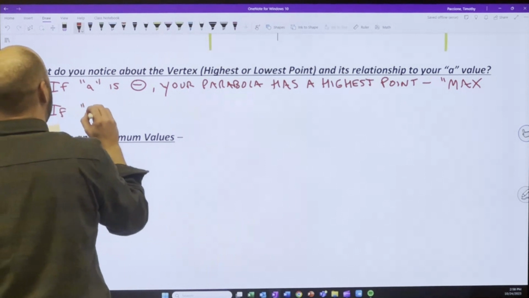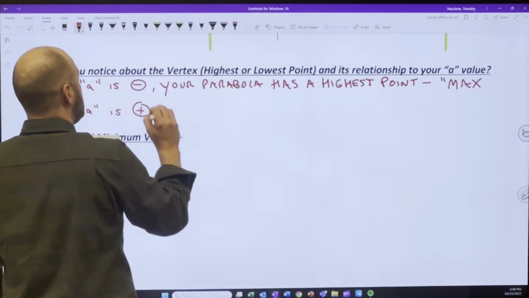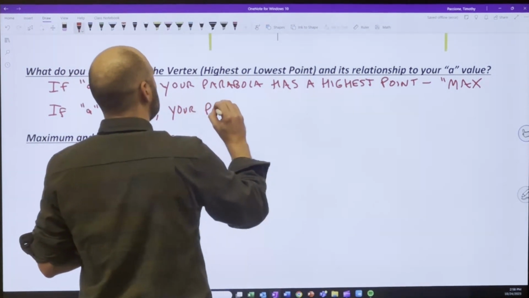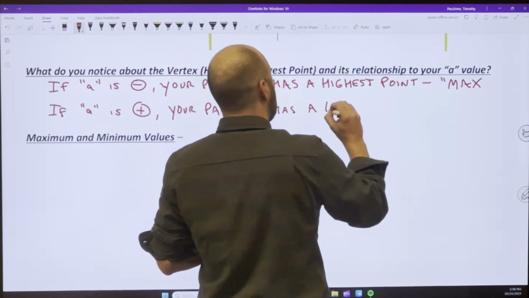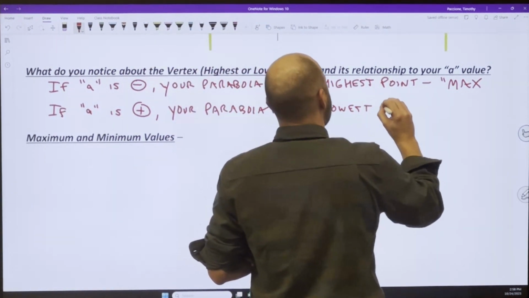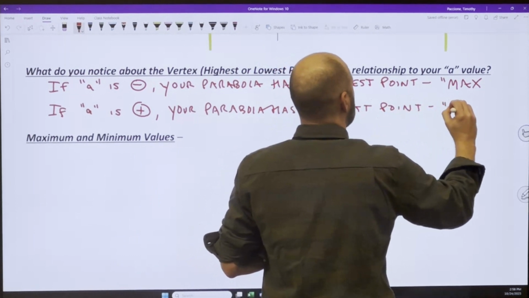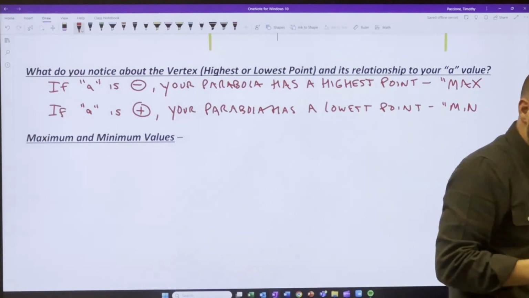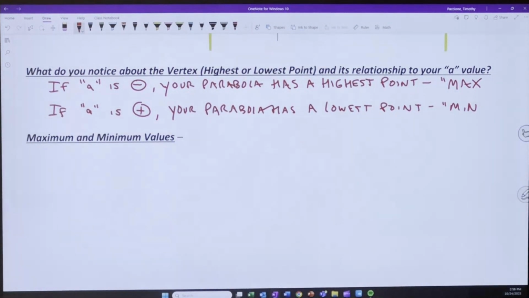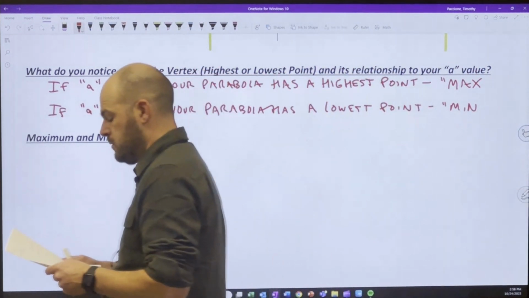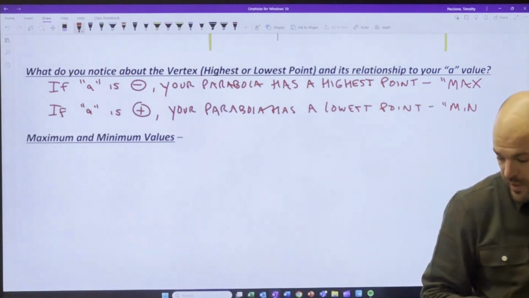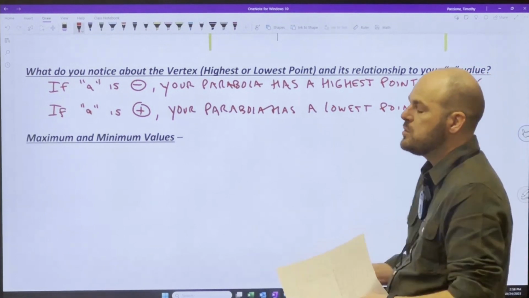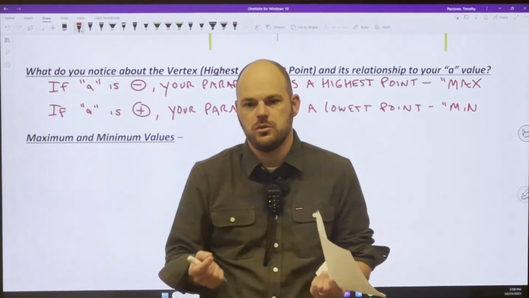If your a is positive, your parabola has a lowest point, and that's called a min. Okay? So in each of those situations up top, before you even graph them, with that knowledge, you could know what to expect. Am I going to have a max or a min? And a lot of times we have a graph, so it's super easy to see, hey, does that have a high point or a low point? But sometimes we don't. So recognizing that the a value tells you that is useful.